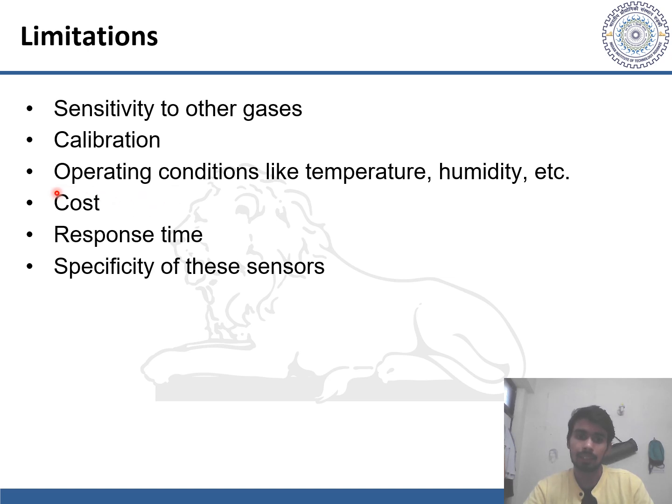Some sensors are expensive, and some sensors have more response time, so they might not give real-time feedback. And specificity of these sensors. This means that a single design is not enough to detect and sense gases. For different gases, we need different designs.